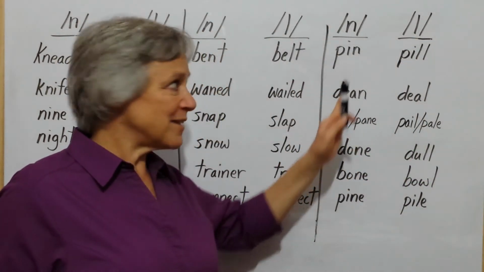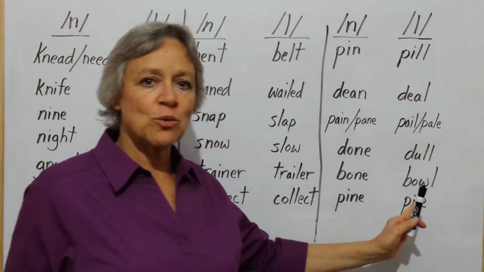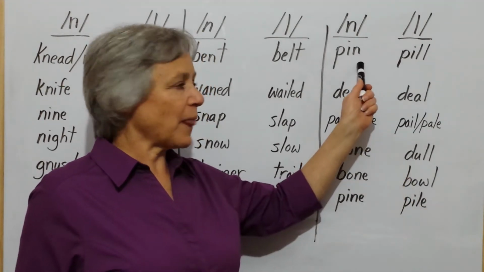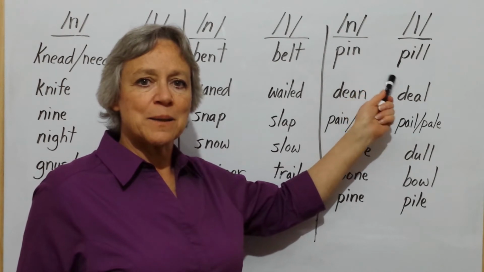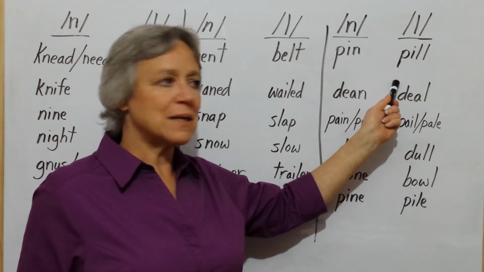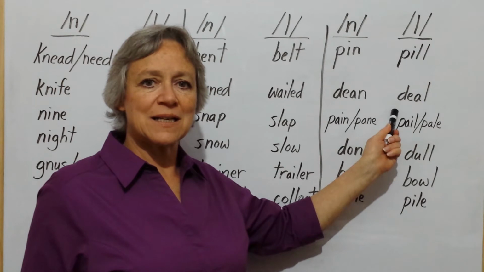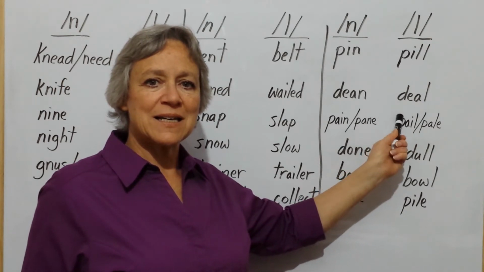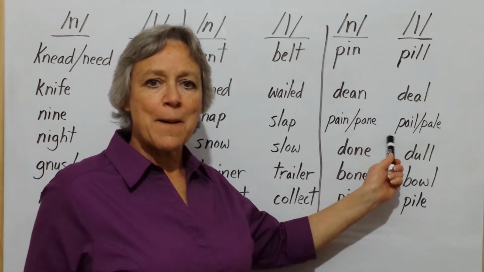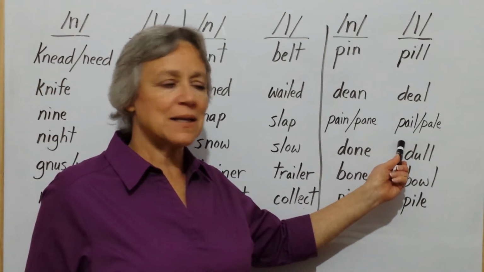So these words, the ones in this column, end with N. These words end with L. Okay, please repeat. Pin, pill. Dean, deal. Pain, pale.